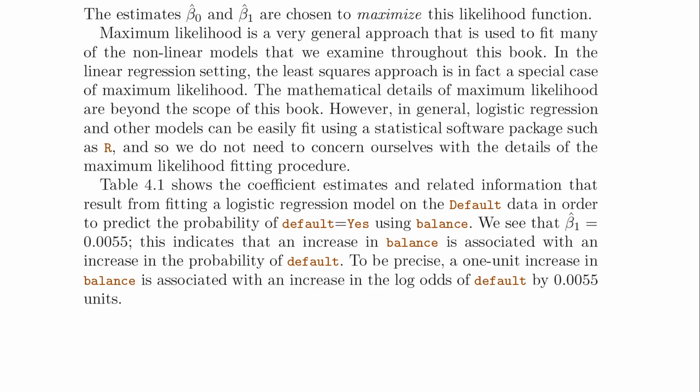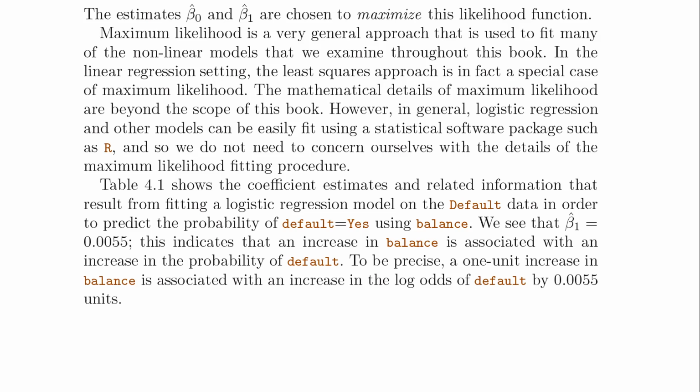Again, how much do we want to deviate from this book? Table 4.1 shows the coefficient estimates and related information that result from fitting a logistic regression model on the default data in order to predict the probability of default equals Yes using balance.